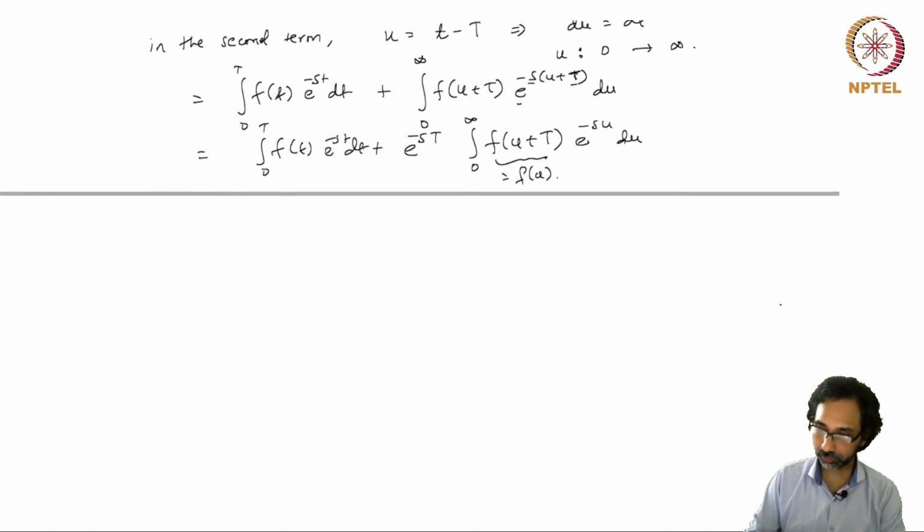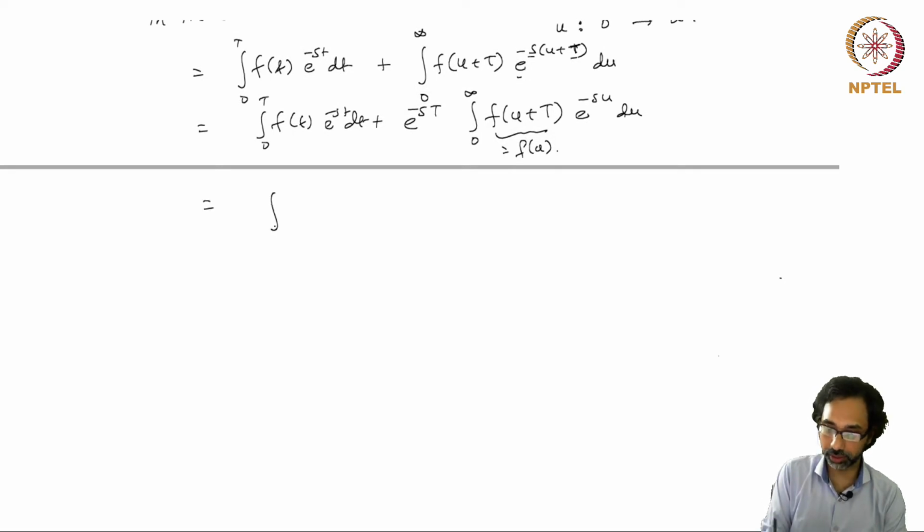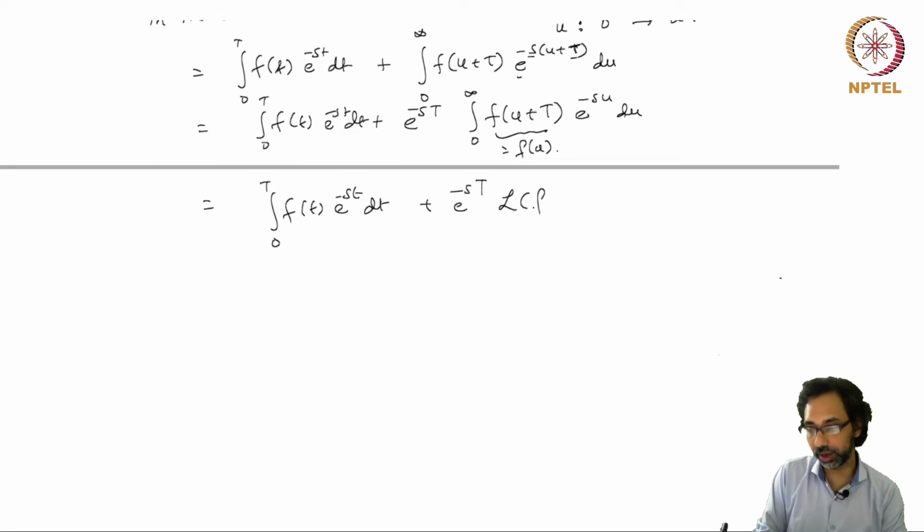Therefore, we get that this is equal to the integral from 0 to T of f(t) e^(-st) dt plus e^(-sT), and we have the Laplace transform of f(t) again.